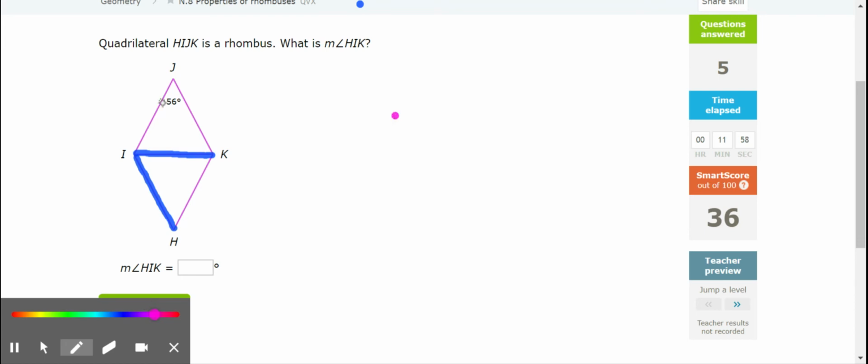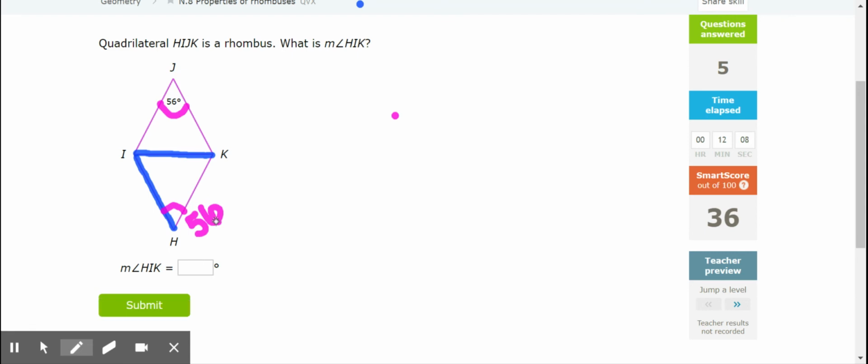So if this is 56, then the angle opposite, which is right here, is also going to be 56. I know that consecutive angles equal 180. That means angles beside each other equal 180. So that means that this 56 and this whole angle is supposed to equal 180.